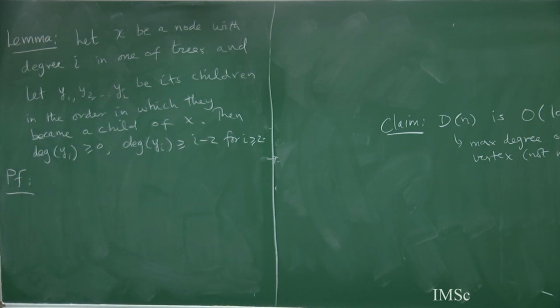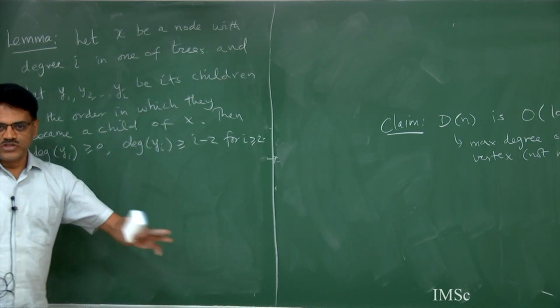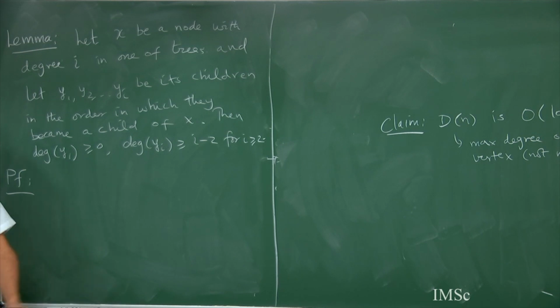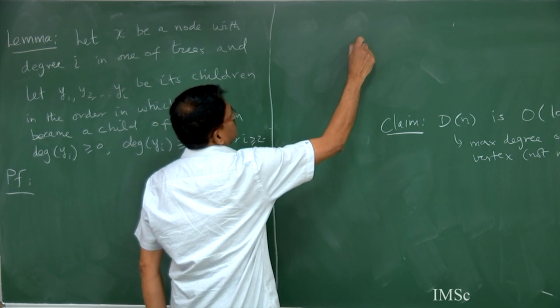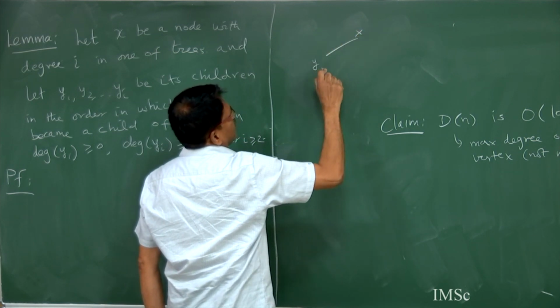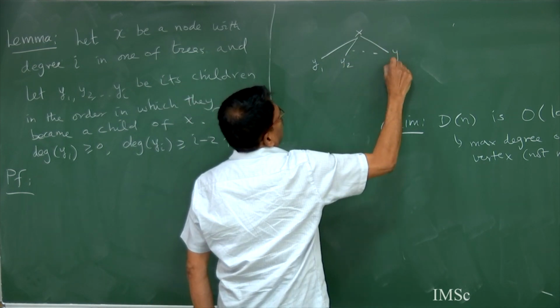Is the statement clear? So we are doing all these inserts, decrease keys, delete mins, and the algorithm goes on. At some point, I stop and look at some tree and some node in the tree, and let's say that node has degree i. Then I'll look at y1, y2, ..., yi. These are the children in the order in which they became a child of X, in the whole process of our operations. Here was X. y1 became the child first among these guys, and then y2, and then yi.